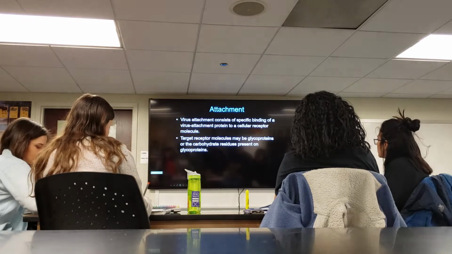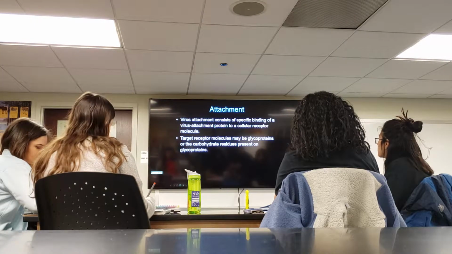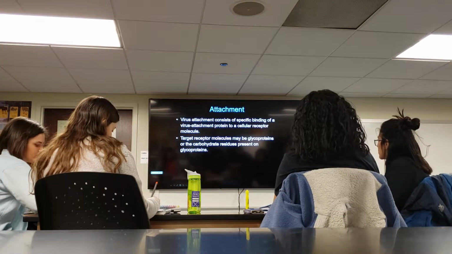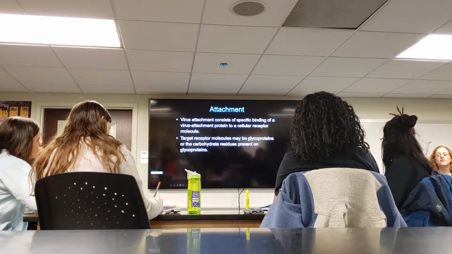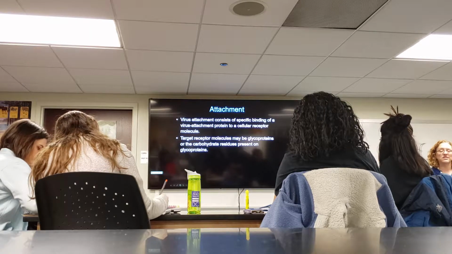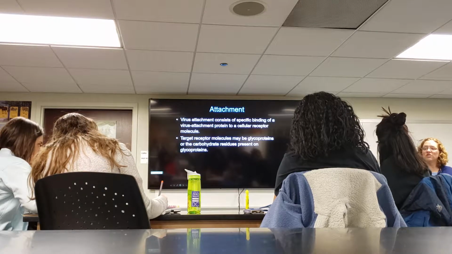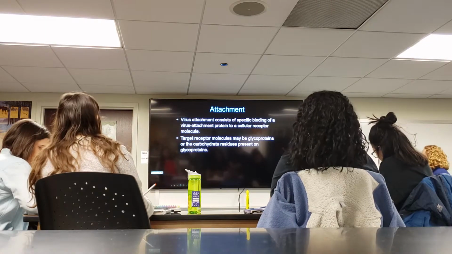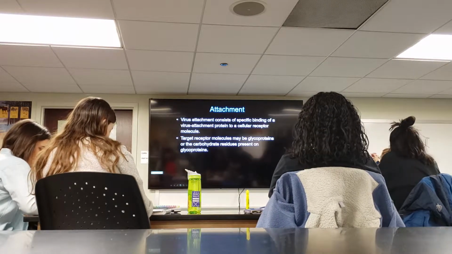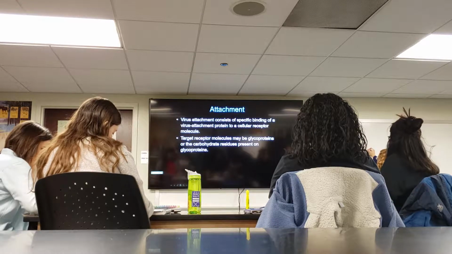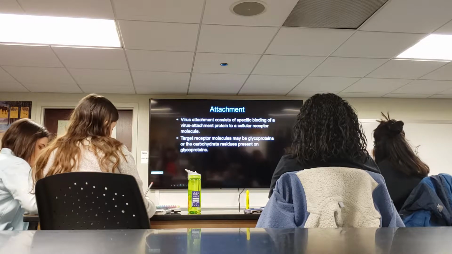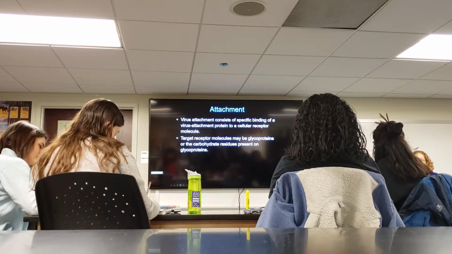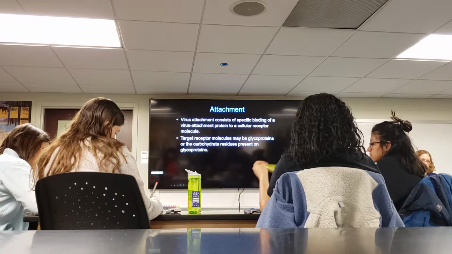The host cell has proteins on the membrane which serve as cellular receptors, and it is these receptors that the virus targets or manipulates in order to achieve attachment or interaction with that host cell. So it's typically the glycoproteins themselves or the carbohydrate residues present on those glycoproteins.